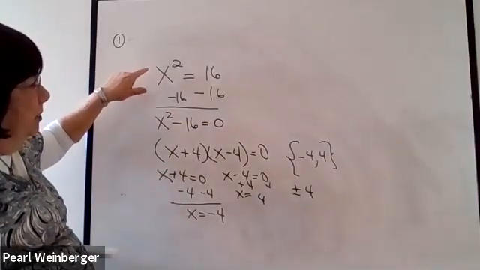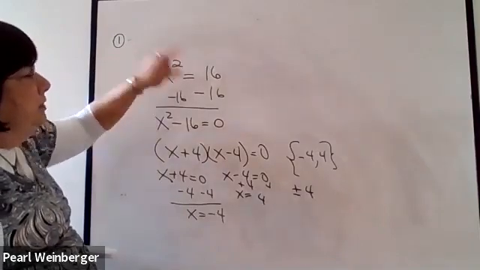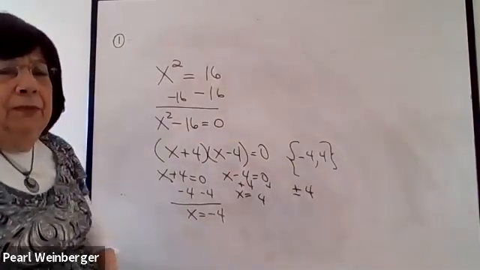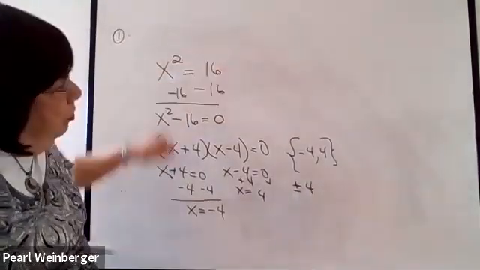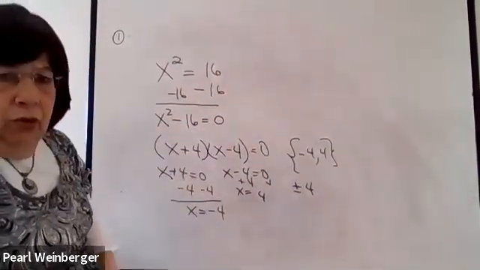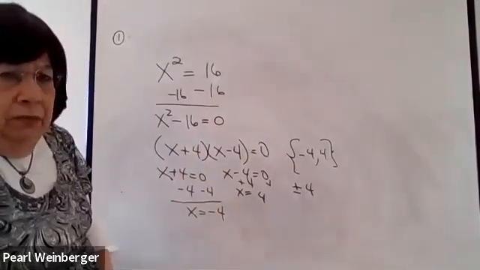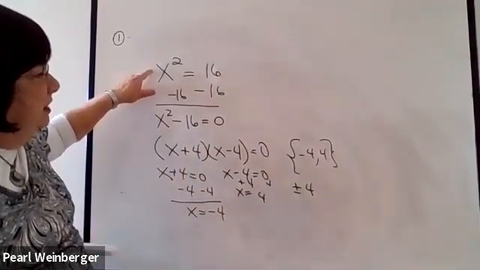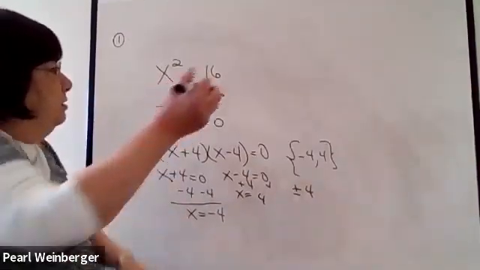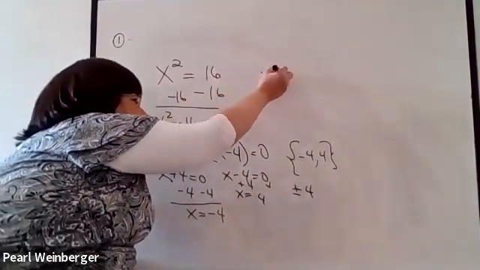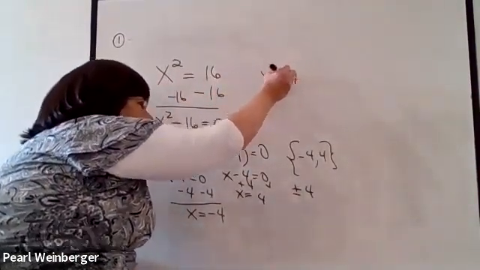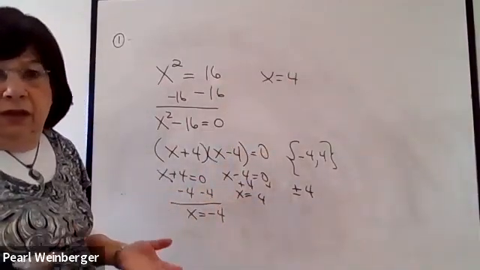Now, let's go back to this. I want you to think about it. I gave you x squared equals 16. How many people would have said, without all this long, extended amount of work, if I see x squared equals 16, to me it right away sounds like x has to be equal to 4, because the square root of 16 is 4. Right.